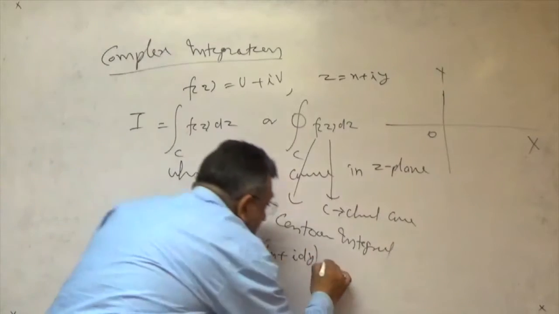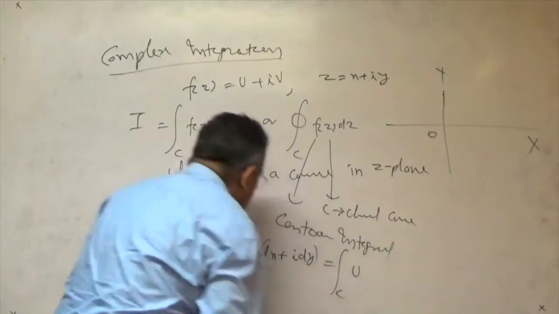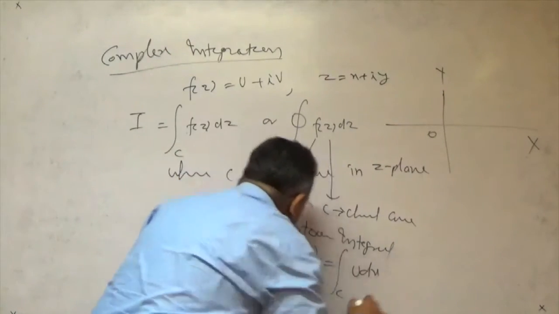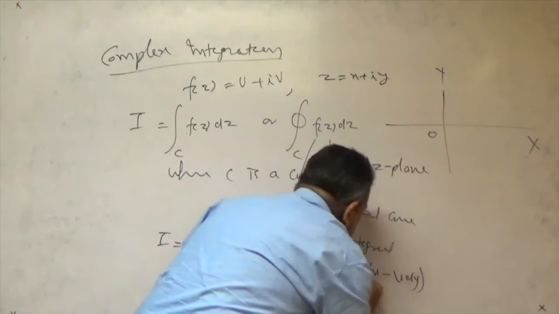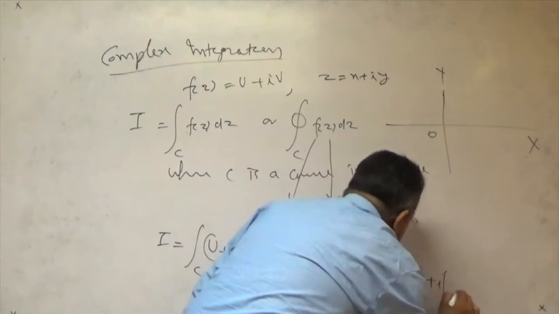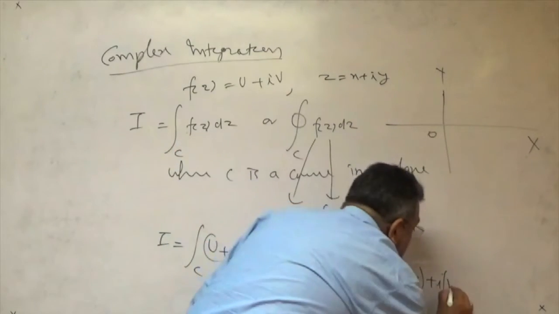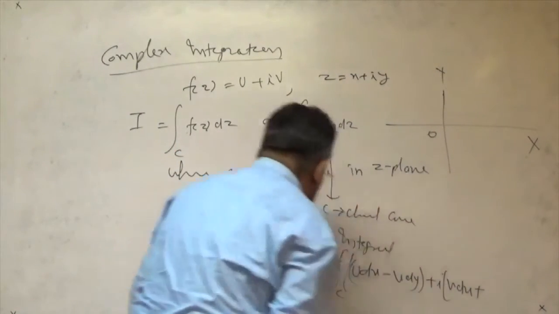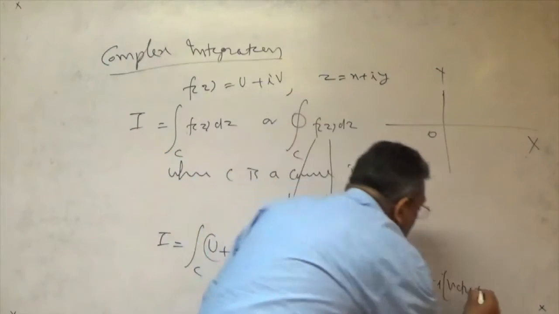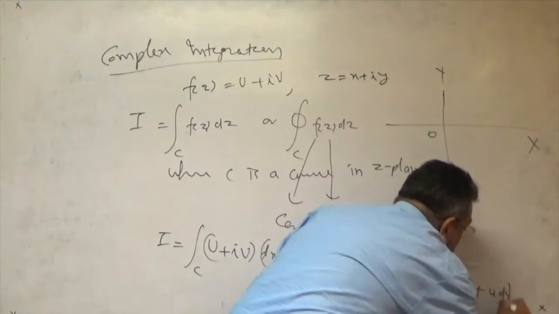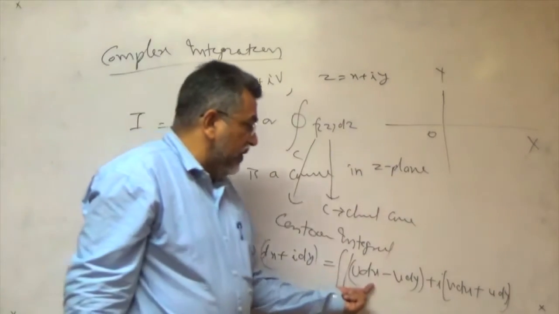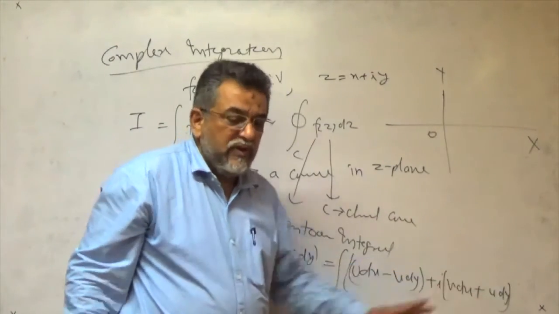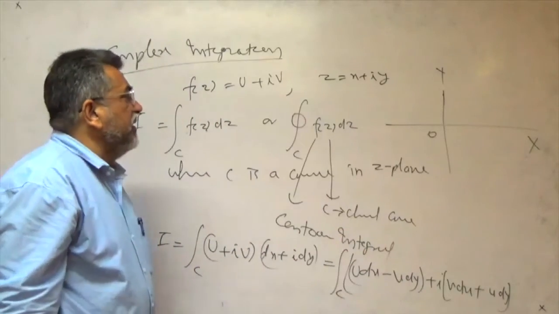If you open this and take real and imaginary parts, u dx minus v dy is the real part, then i times (v dx plus u dy) is the imaginary part. You can open this in Cartesian form, then integration with respect to x and with respect to y. This is the complex integration.